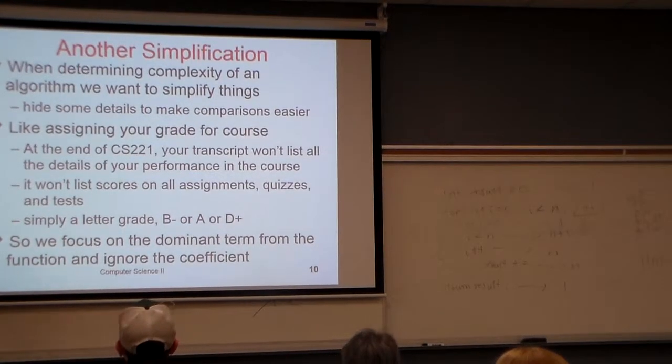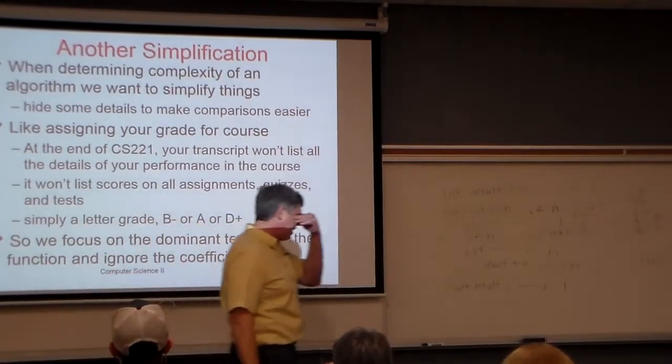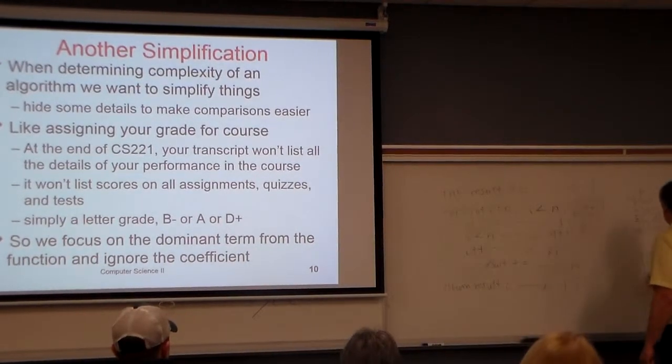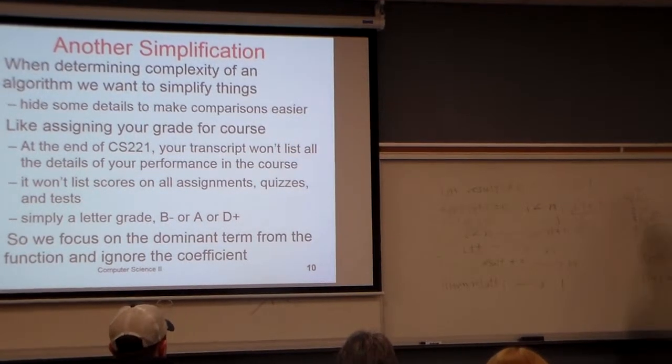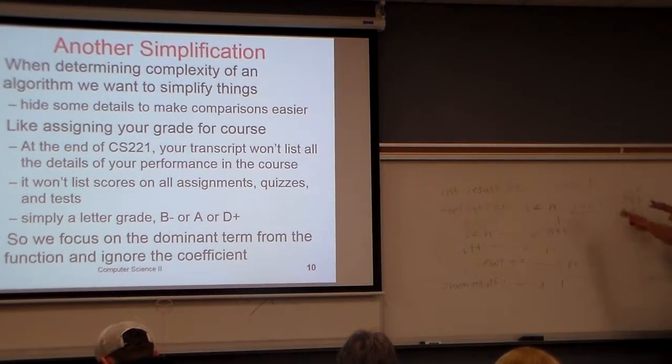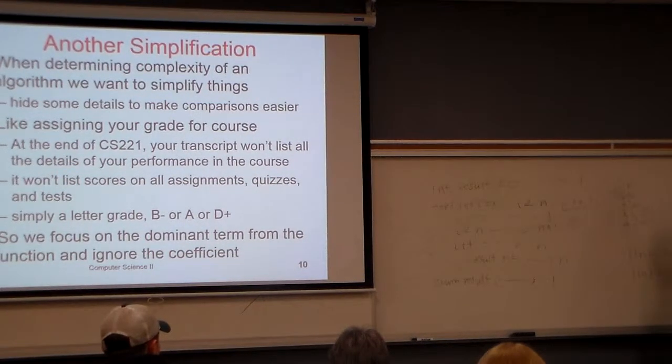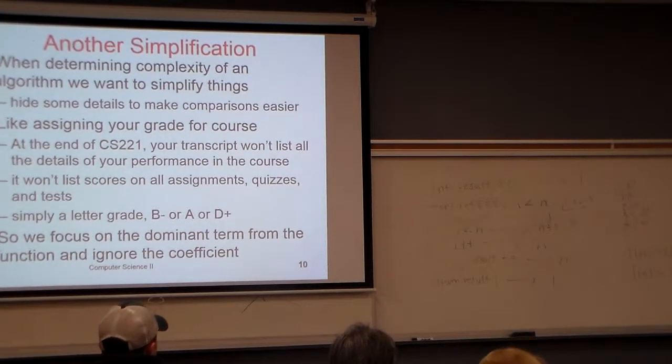Now, when we're trying to do this, the easiest way to compare things is, let's say that this is the T of N for this particular program that we just ran. Let's say we have another one that runs at that time. Which is faster? It depends on what N is, right?